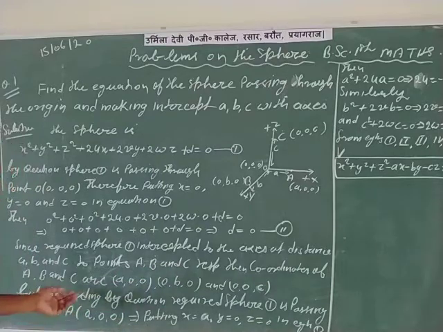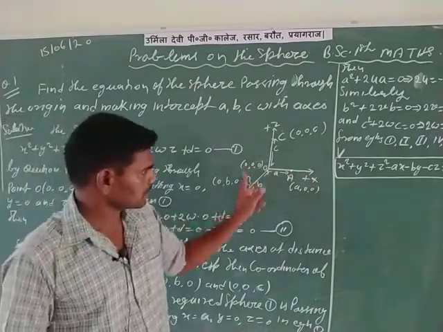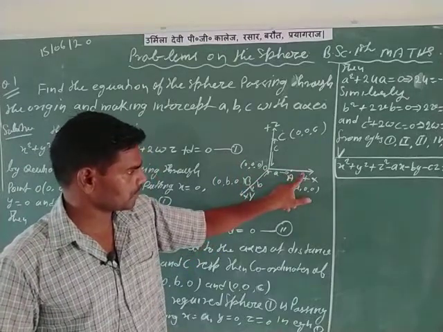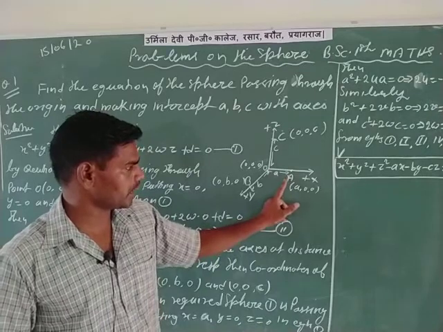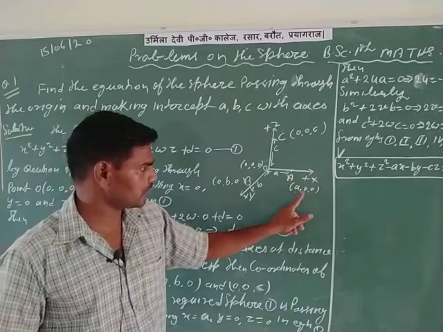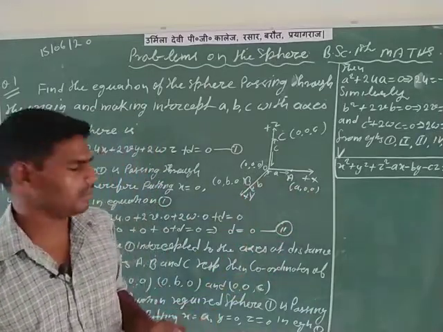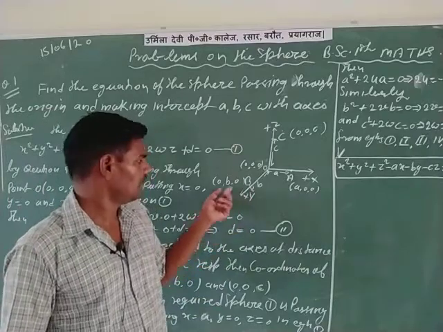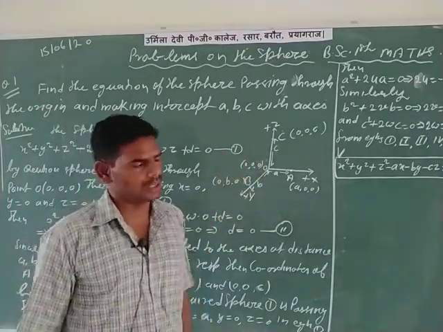Here the coordinates of capital A are a, 0, 0, because the required sphere first intercepts the x-axis at the distance small a. So the coordinates of capital A are a, 0, 0. Similarly, the coordinates of intercepting point capital B on the y-axis are 0, b, 0, and on the z-axis, 0, 0, c.